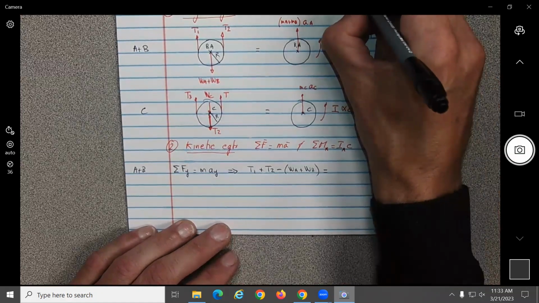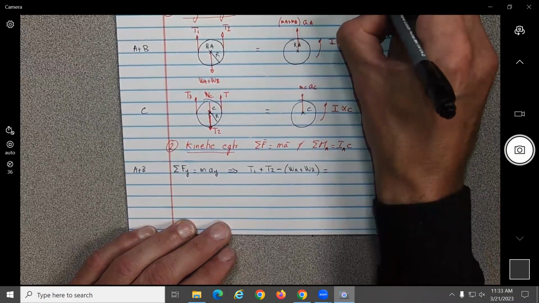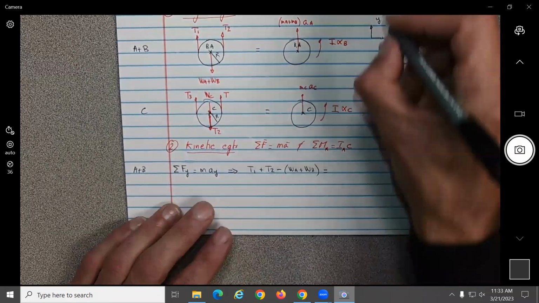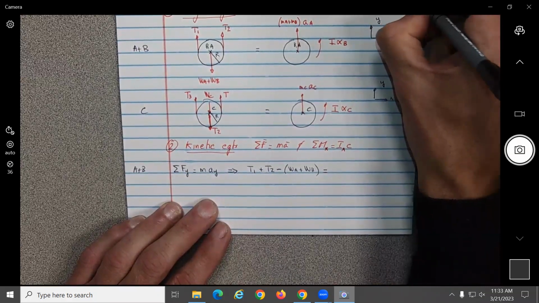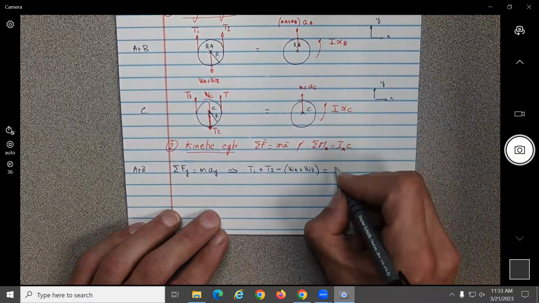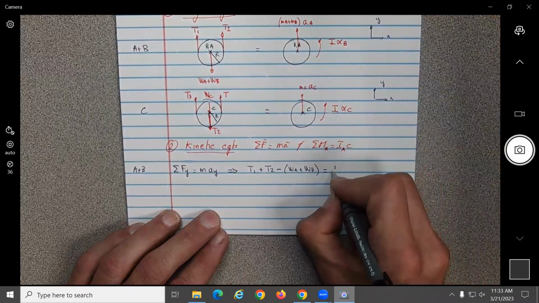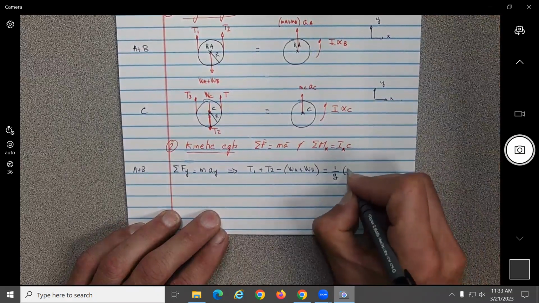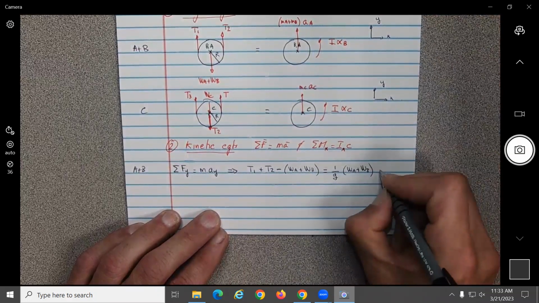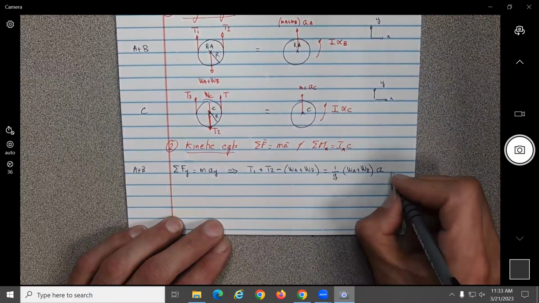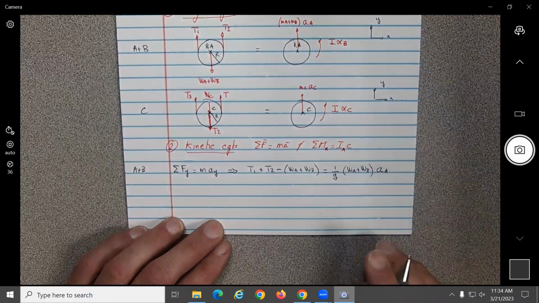So W is equal to mg, no? Okay, so M will be weight divided by g, so we have 1 over g, WA plus WB, times the acceleration of which point? A, which is what we need to find.